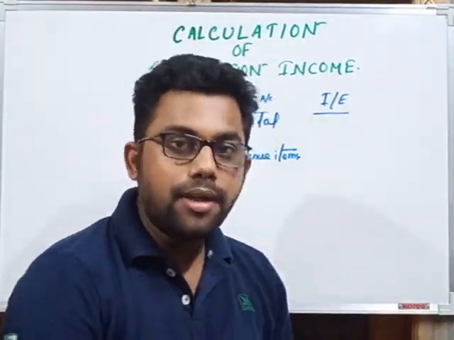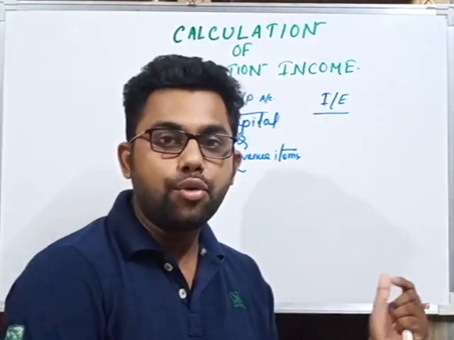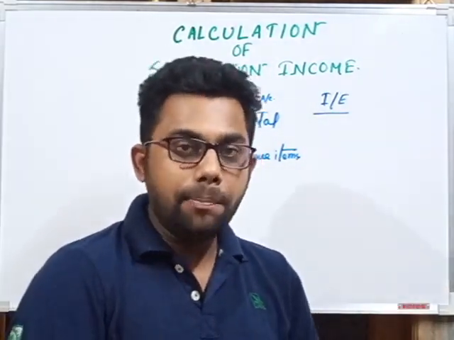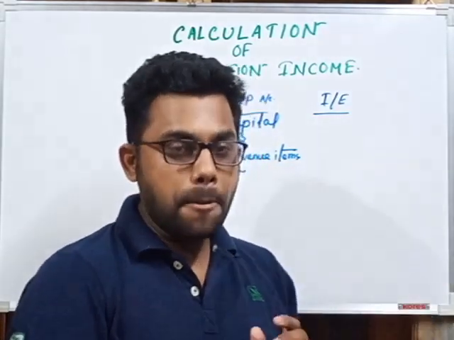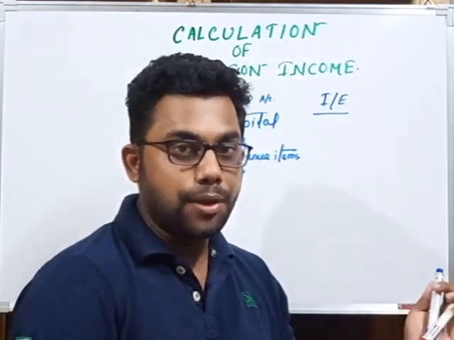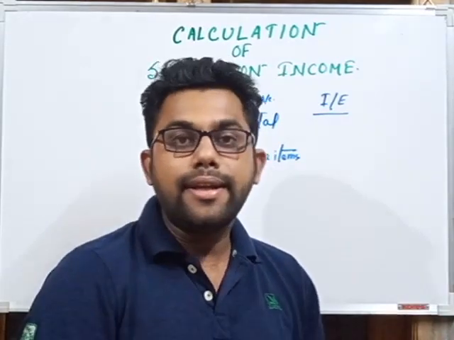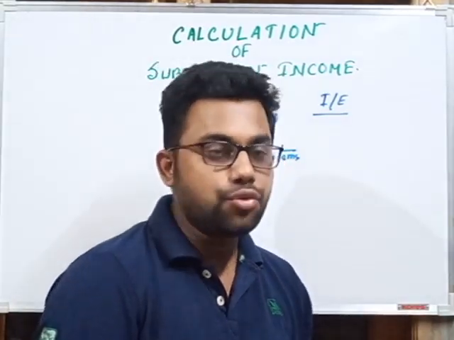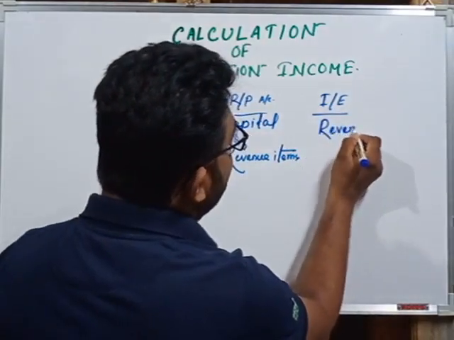That is, for all the receipts, whether capital receipts or revenue receipts, we have included them in the receipts and payment account, and all the payments, whether capital payment or revenue payment, we have included in our receipts and payment account. But while discussing the features of income and expenditure account, we find that it is a revenue account.